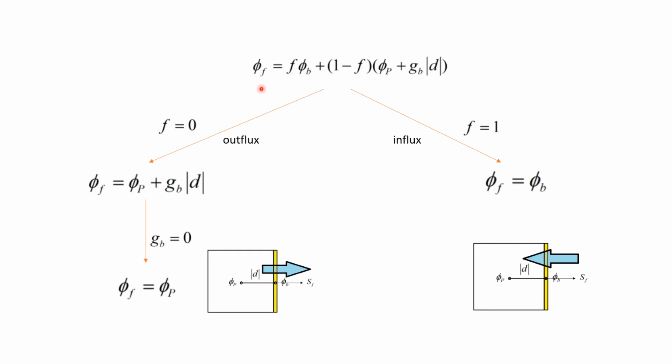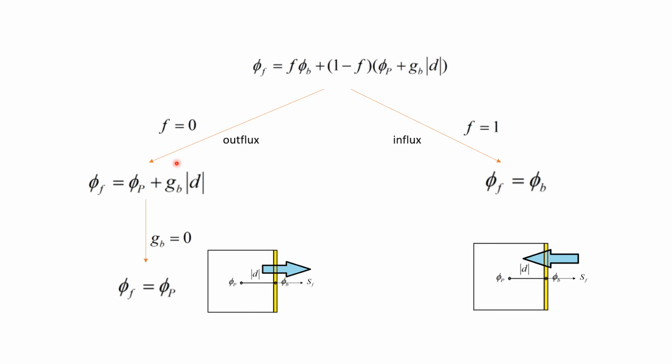So phi f, the face value, should be equal to the value fraction multiplied by phi b, plus 1 minus f into the nearest neighbor cell center value plus gradient into the distance. So let us now take two cases. One is outflux and one is influx. Outflux means we had the value fraction 0. We just now saw it. And influx means value fraction f is equal to 1.